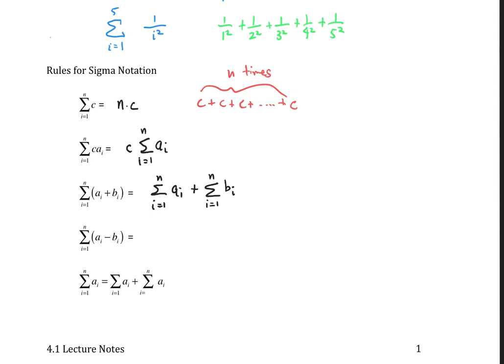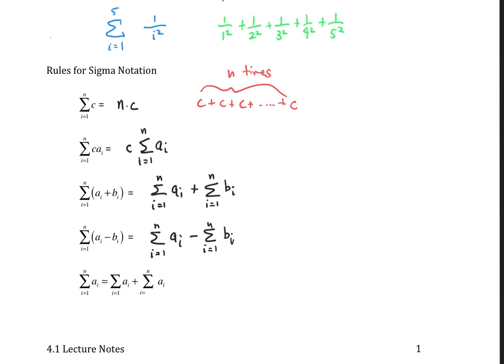All we're doing here is basically just rearranging and regrouping the terms. Just like you could do it for sums, you could do it for differences. So we're going to have the summation as i goes from 1 to n of a_i minus the sum as i goes from 1 to n of the b_i. Just like before, we could write everything out and then rearrange and regroup it.